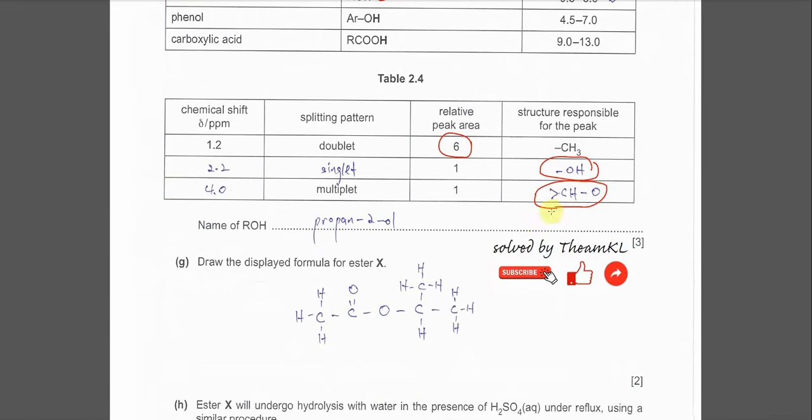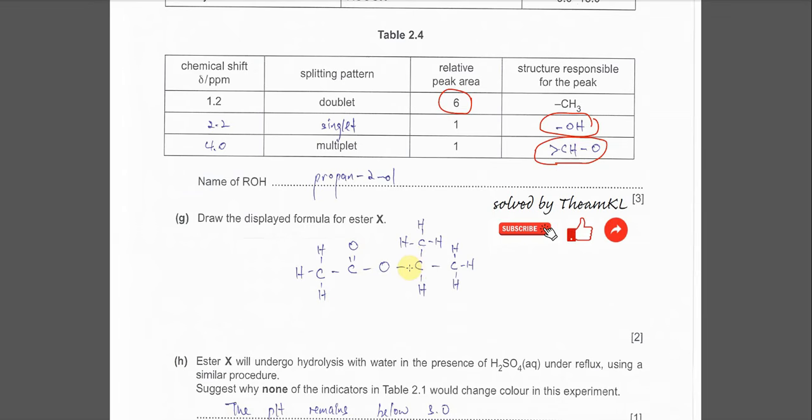The name of the alcohol is quite obvious now: propan-2-ol. When we know it's propan-2-ol, we can know the structure of ester X, which is this one. This part is from the propan-2-ol, and this part is from the ethanoic acid.